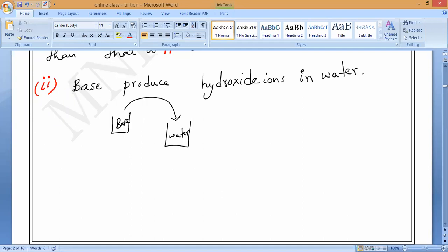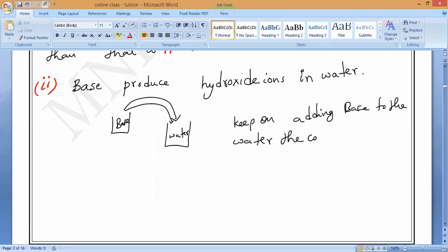So when we keep on adding base to the water, the concentration of OH minus ions will increase or decrease? That is what I am asking. Arya, keep on adding base to the water.